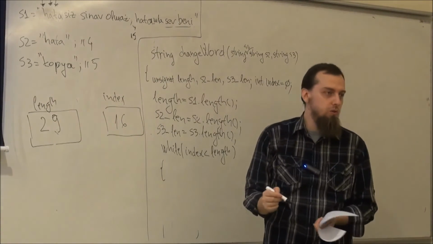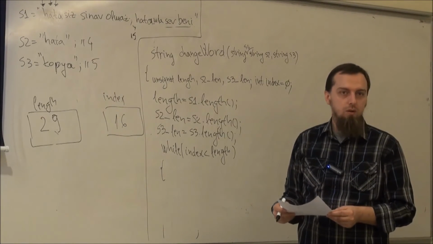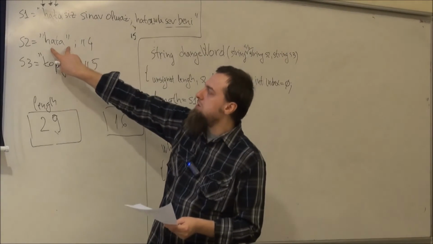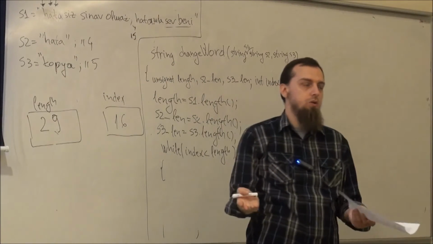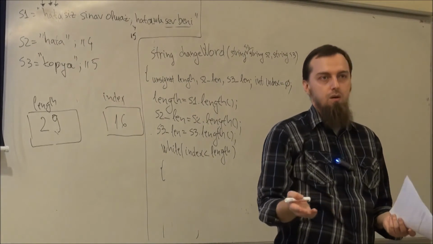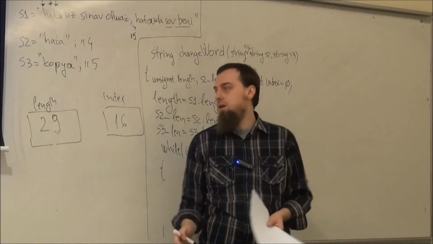Do you remember how we can do that? Come on, I want a clue from you. I want to find the occurrence of this hata here. Which function did we use? You remember? Who told it? Hassan? Find. Yeah.